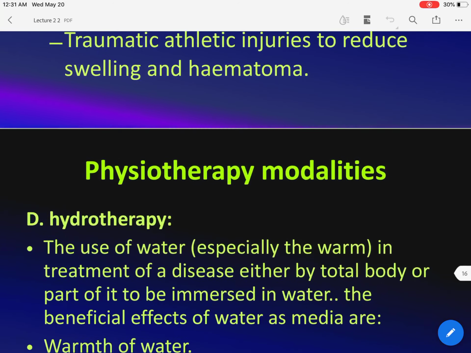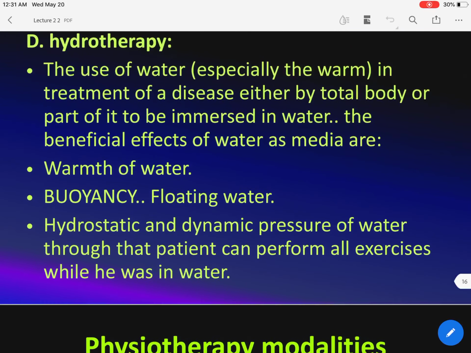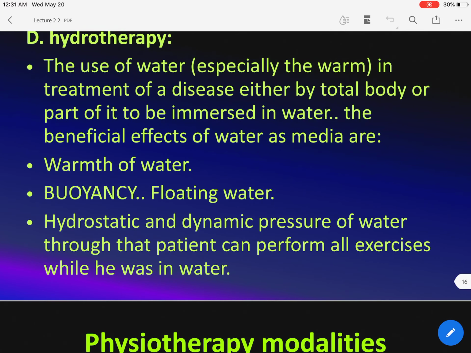The other most important physiotherapy modality, which is well used in other countries in main rehabilitation centers, well modified, in different types, used very widely for patients with different handicaps or illnesses, is hydrotherapy.